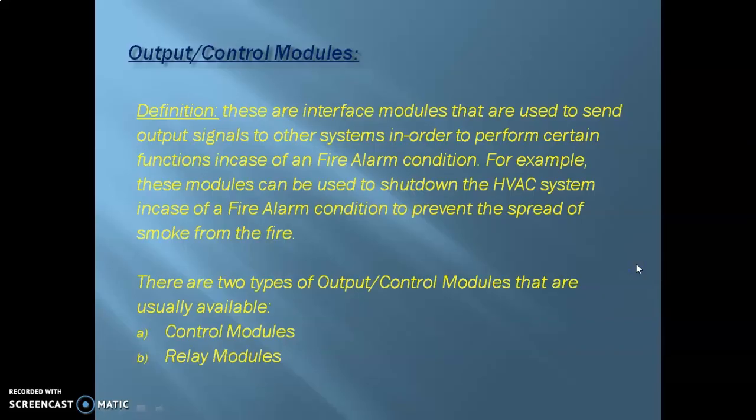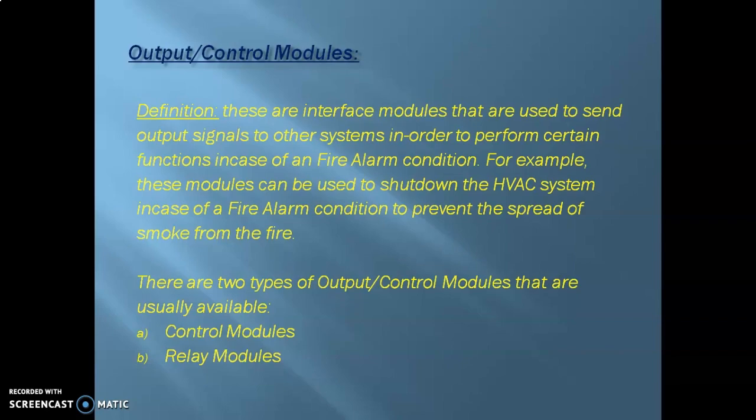Alright, so the next set of devices that we will be talking about are the output or control modules for a fire alarm system. As per the definition, these are the interface modules that are used to send output signals to other systems in order to perform certain functions in case of a fire alarm condition.